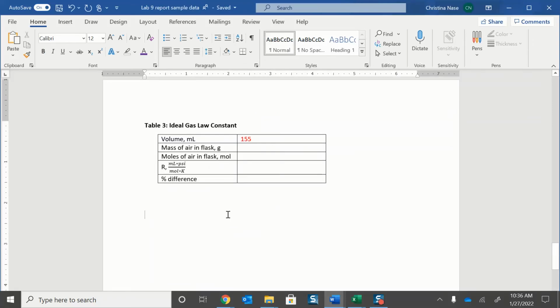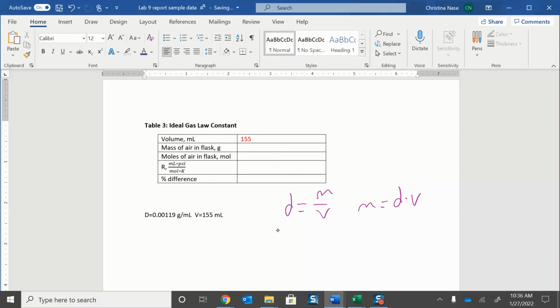I know that the density is 0.00119 grams per milliliter. They give that to you in the problem. And we just found out that the volume is equal to 155 milliliters. So if density is equal to mass over volume, then mass is just equal to density times volume.